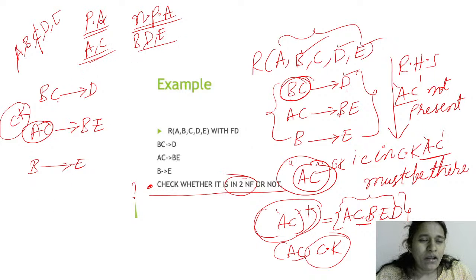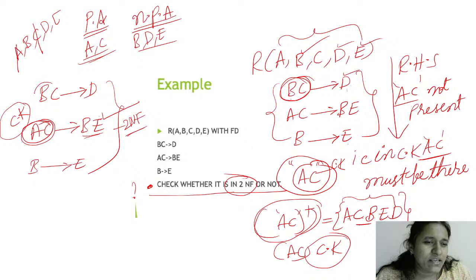Now we have to find whether this relation is in 2NF or not. How to find? In second normal form, if the left hand side is a candidate key, it is okay. Right hand side prime or non-prime, there is no problem. If the left hand side is a candidate key, then it is in 2NF. Here this is also non-prime, right?